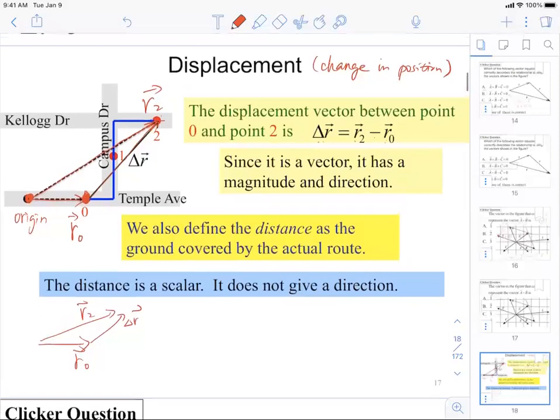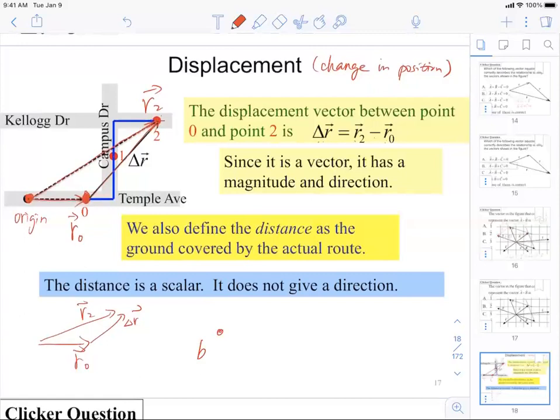It is different from distance, because distance is the actual route. You can never really jump from 0 to 2 directly. If you were driving along the blue line, you would cover a distance much longer than the displacement from 0 to 2. Distance is the actual route you cover, while displacement only cares about the beginning and the end.